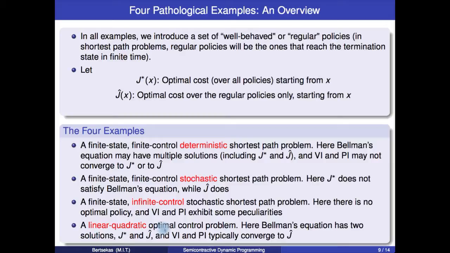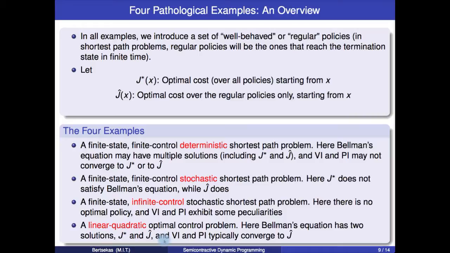The fourth example is a simple instance of a classical optimal control problem, one that involves a linear system and a quadratic cost function. This is not a contractive problem because there's no discount factor, and also the cost function is not bounded. The cost per stage is not bounded. Here it turns out that Bellman's equation has exactly two solutions. One of them is J star, the other one is J hat.